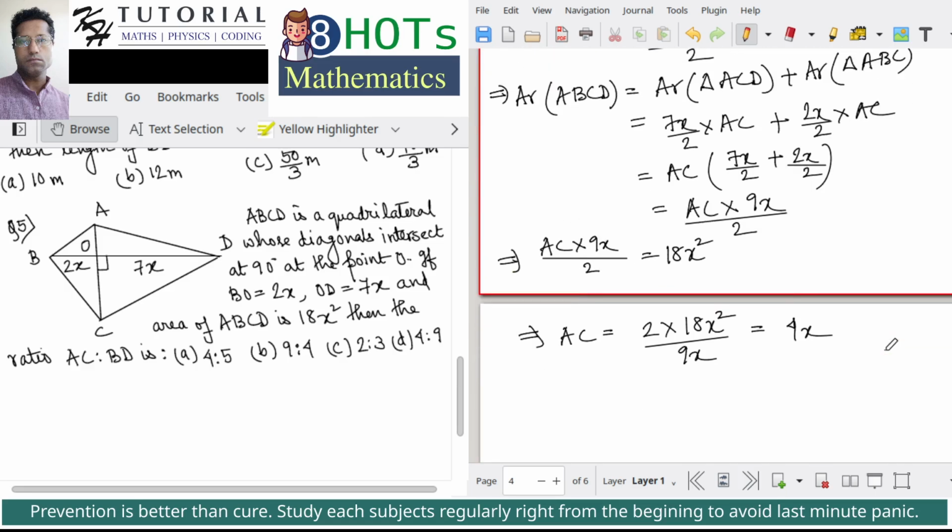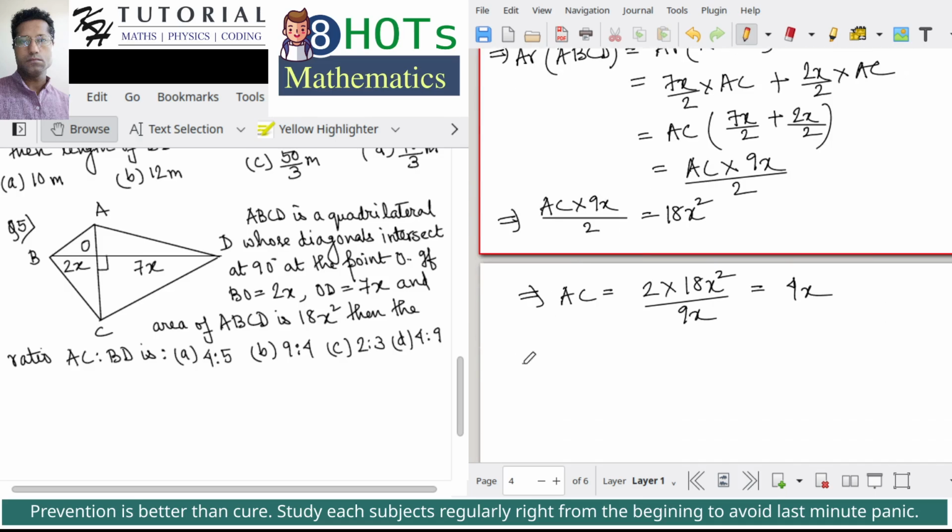We have to find the ratio of AC and BD. So AC by BD is equal to 4x over BD. What is BD? BD is BO plus OD, that is 2x plus 7x.